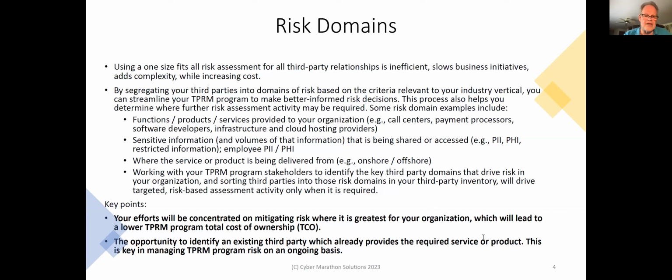So I think there's a more efficient way to do this, and that is when you group your third parties into what I call risk domains, either based on the functions or products that they're providing to your organization, or the access that you're granting to them to various types of information, and then other ways of logically grouping them, whether that's onshore versus offshore, whether it's third parties who have access to employee confidential information, whether it's third parties that have network access into your infrastructure, whatever those logical groupings are that make the most sense for your organization.